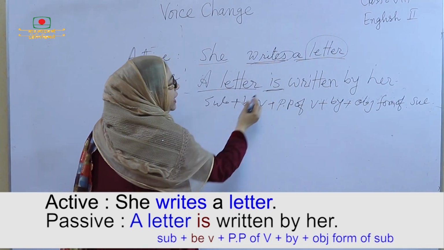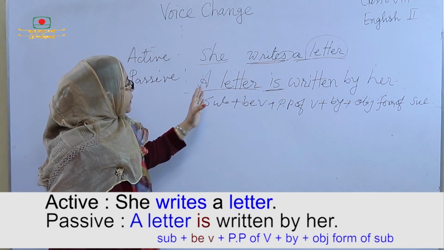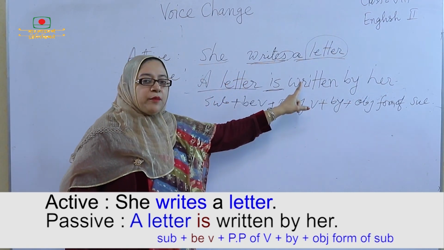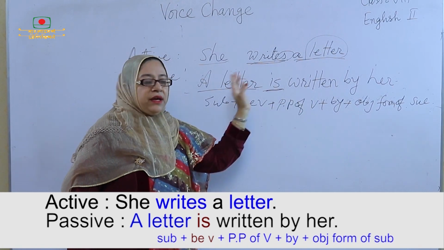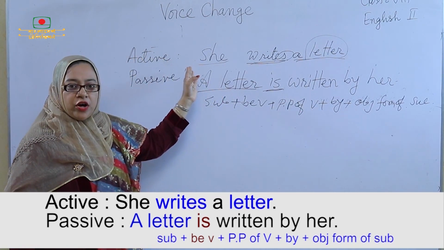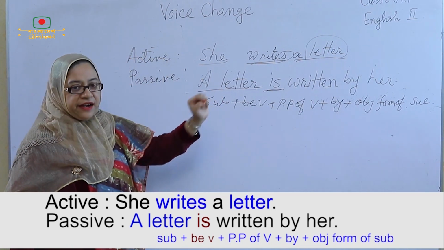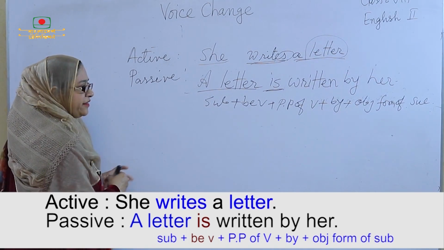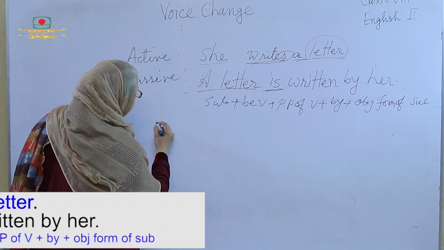I use the be verb, and then the past participle form of write, "written", plus by, and then the objective form of the subject, "her". So look, again I write another sentence.